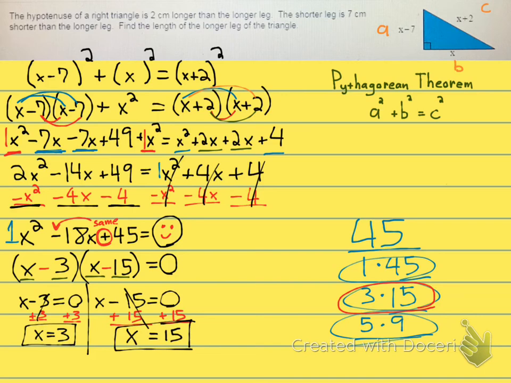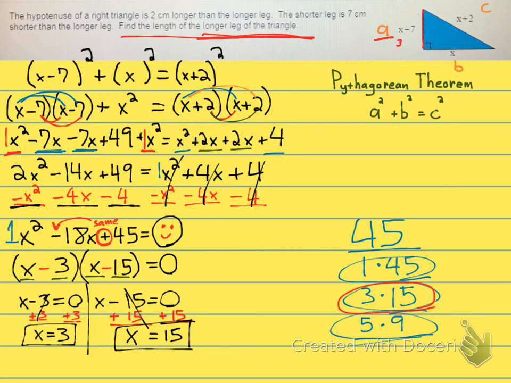All right, go back to the original problem. We're looking for the length of the longer leg of the triangle. Okay, which one is that? Well, that's this one right here. That's the longer leg. Now, it could be 3, it could be 15, but let's think about this. If I'm looking at A, if I want to find the length of the shorter leg, I'm saying that x is 3.